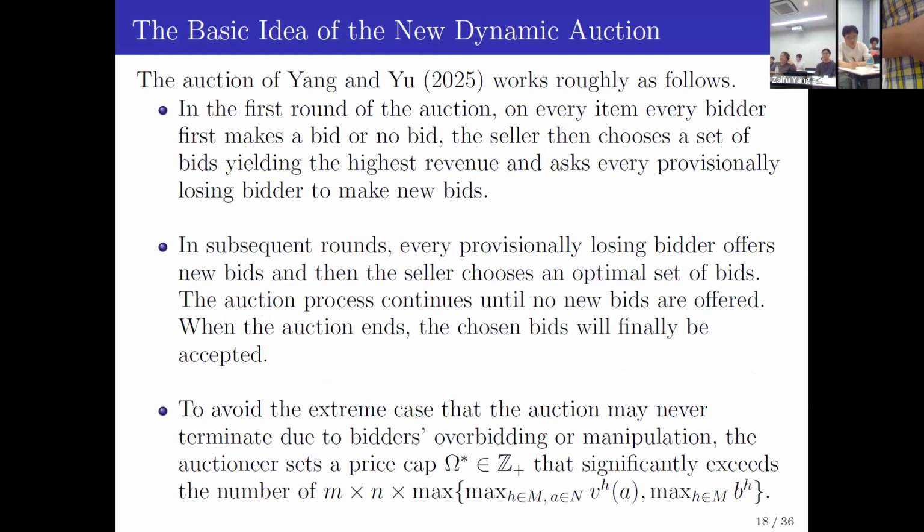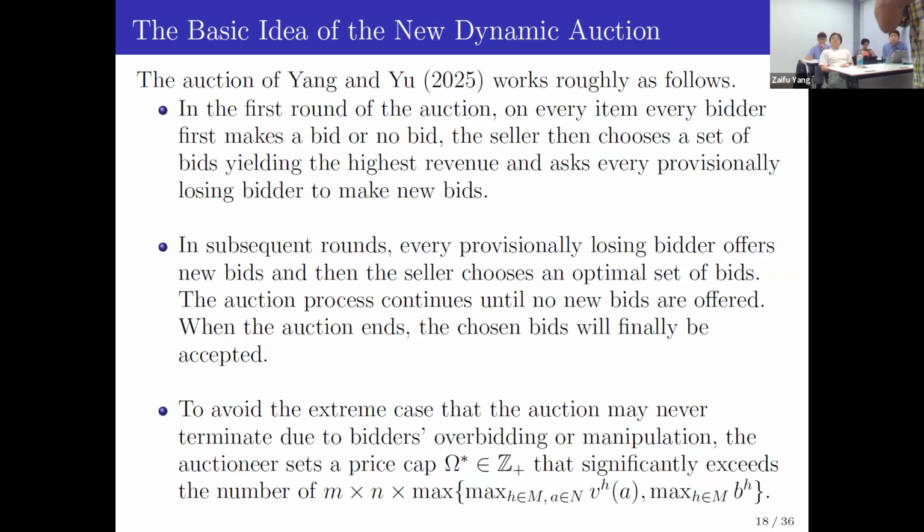Okay. So now let me introduce the auction. The basic idea is that in the first round of the auction, on every item bidders first make a bid or no bid at all. Then the seller will choose a set of bids which generates the highest revenue for herself, and then asks every provisionally losing bidder to make a new bid.